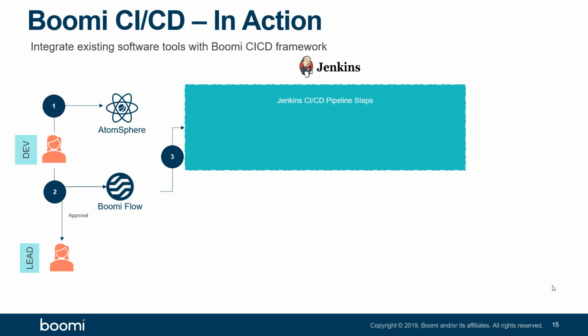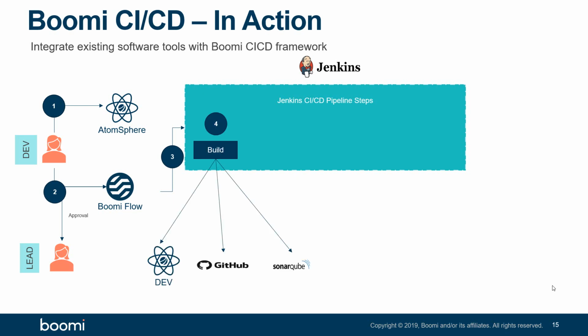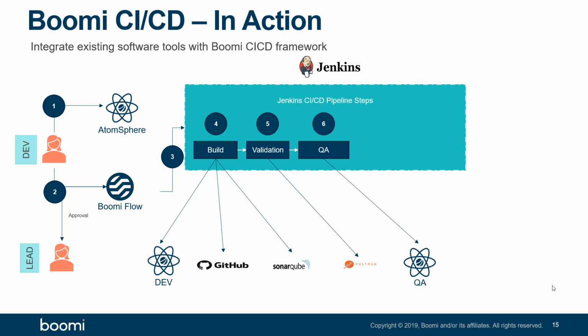The Jenkins pipeline would first build the code, extract the component XML into Git, and perform static code analysis. Once that is passed, the service can be validated using external tools. The code would then be deployed to a QA environment and would notify QA testers using a communication tool like Slack.